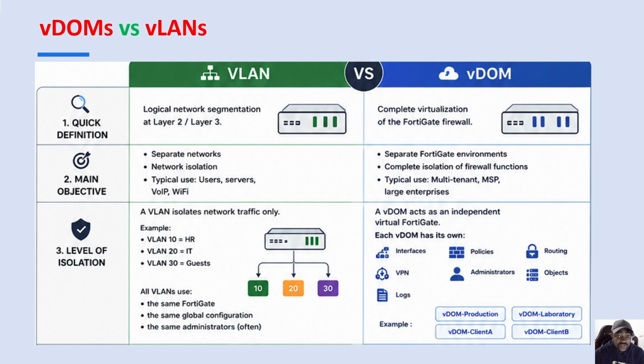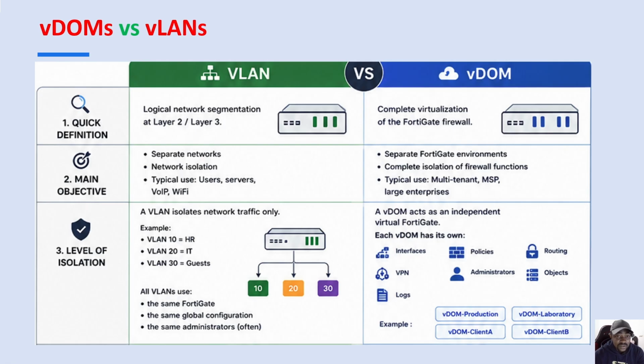I've prepared some screenshots just to present some key differences between VLAN and vDOMs. We all know that VLANs are logical network segmentation at layer 2 and layer 3. This is where VLAN applies, while vDOMs are complete virtualization of a FortiGate firewall.